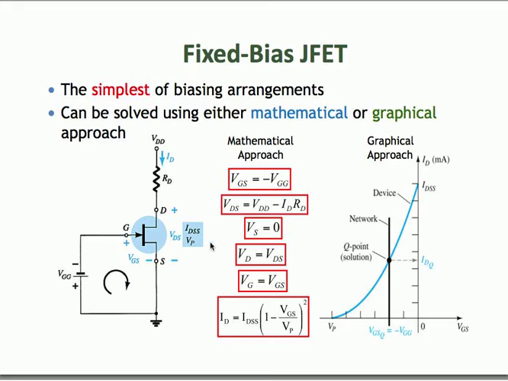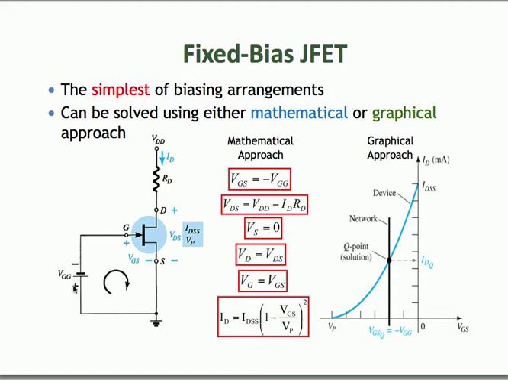The fixed bias JFET circuit can be analyzed very easily using either the mathematical approach or the graphical approach. Using the mathematical approach, you substitute the magnitude of the applied gate voltage VGS with the magnitude of the DC voltage source connected to the gate terminal; in this case VGS is equal to minus VGG.